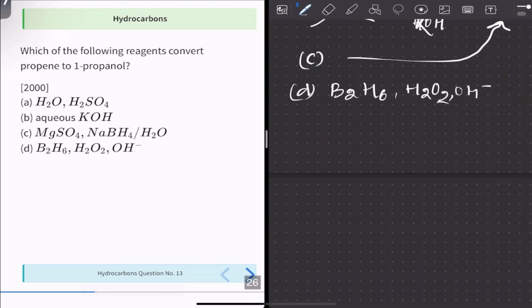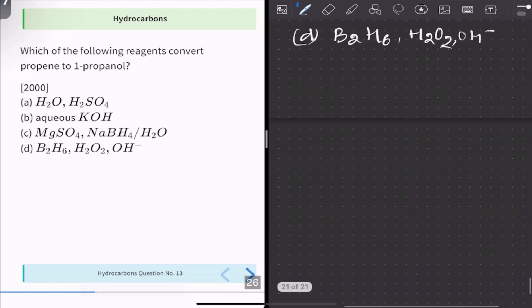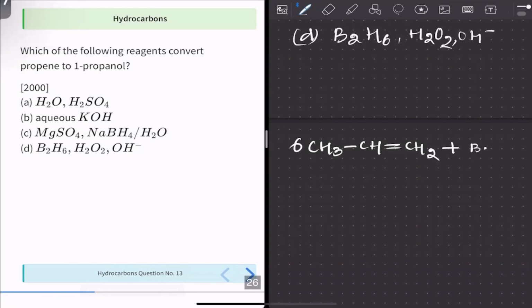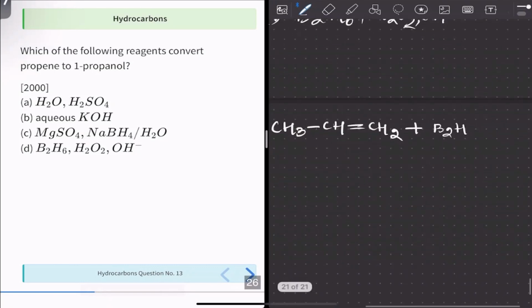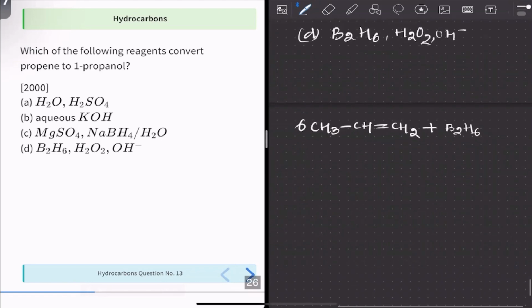The alkene here is propene. Six molecules of propene will react with B2H6. This is hydroboration, because there will be addition of boron atoms to this compound.